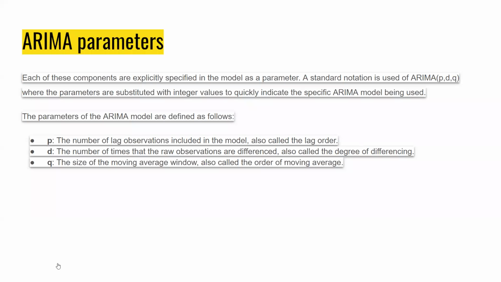D is the number of times the data has to be differenced. By difference, what we mean is that, like I told you, in time series the mean is changing all the time, but we cannot analyze any data for which the mean is changing. So differencing is finding out the difference between the values of data between different time intervals repetitively until we get a stable mean.